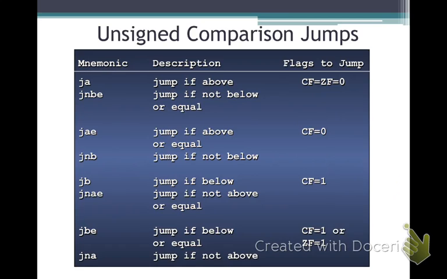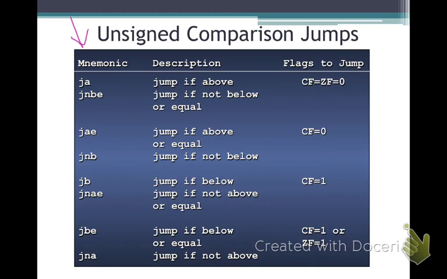So the question is, we have unsigned comparison jumps, but one thing, and I didn't point this out when we were looking at the signed comparison jumps, you'll notice that the mnemonic is fairly similar. We had jump if greater, not greater than or equal.